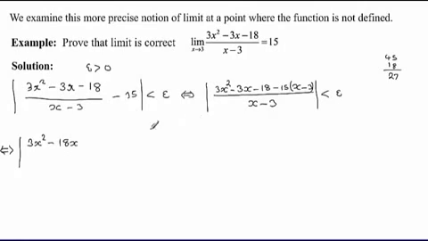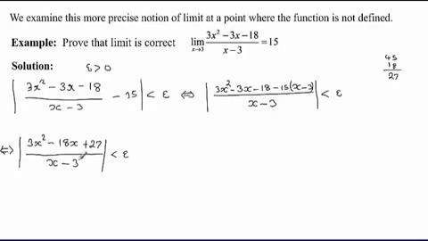So we've got here plus 27, divided by x minus 3, less than epsilon.